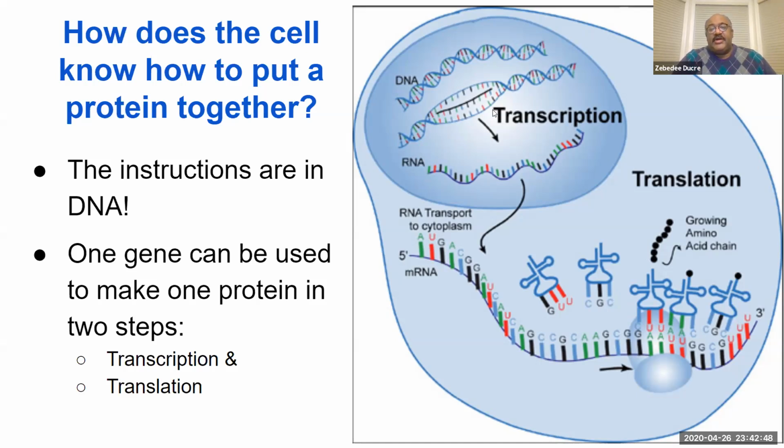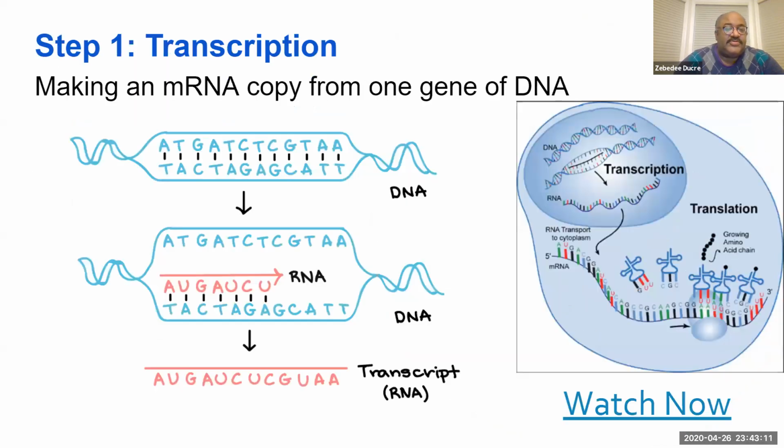Because once again, the DNA never leaves the nucleus. And translation is when, on the ribosome, the RNA code actually codes for specific amino acids. It's those chains of amino acids that make proteins and protein sequences.